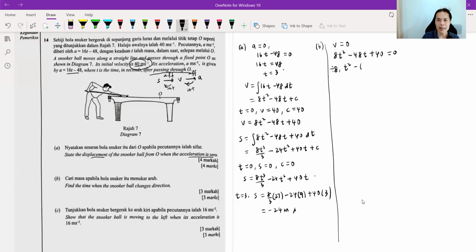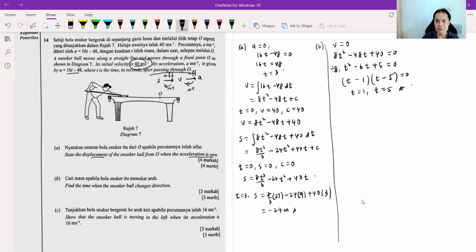So t squared minus 6t plus 5 equals 0. Let's double bracket factorize this. Your factors should be 5 and 1, minus and minus. So your t values are 1 or 5. There are two values. The time is 1 or 5 seconds. So it actually changes direction twice.